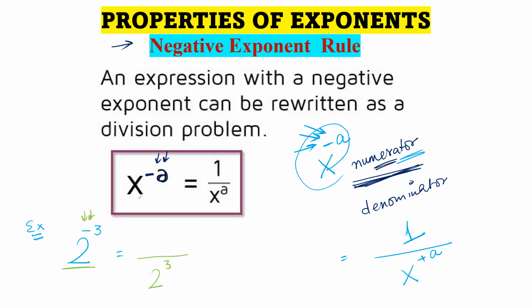And before the number, if no sign is written, it means it is positive. So what you will write on the top? On the top is 1. Now maybe some students will ask me, Miss, what if this is positive? So when we change the position, the positive will change into negative.